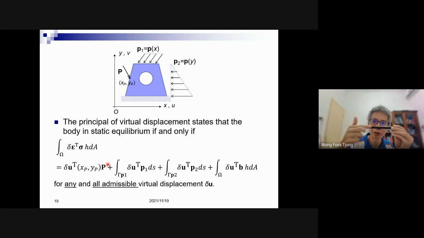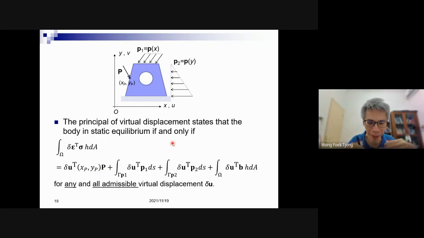If it returns to the original position, it is in balance and stable, right? A kind of testing. So virtual displacement, some people call it test function. Our trial solution sigma, you can try your solution, and I will test with this one. So that's the principle of virtual displacement.